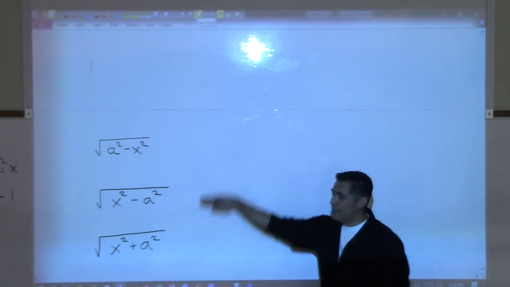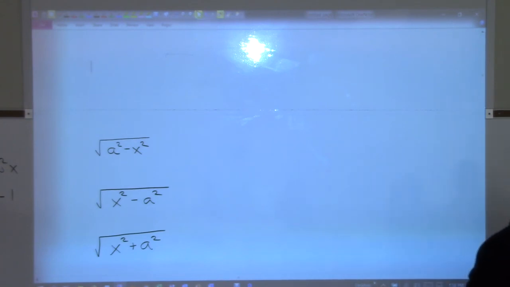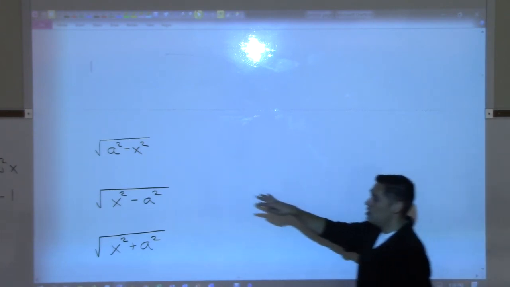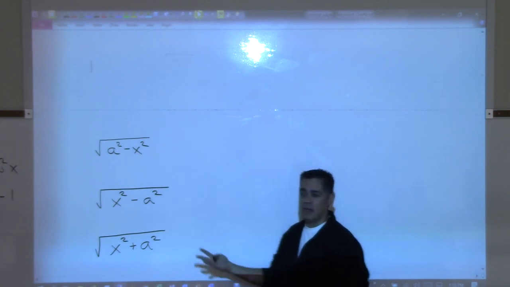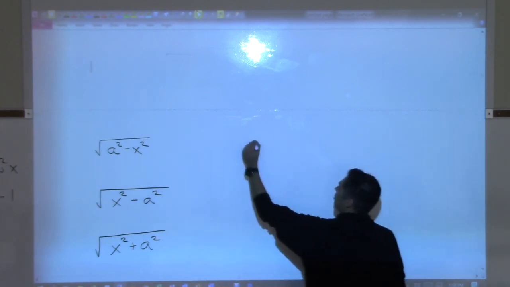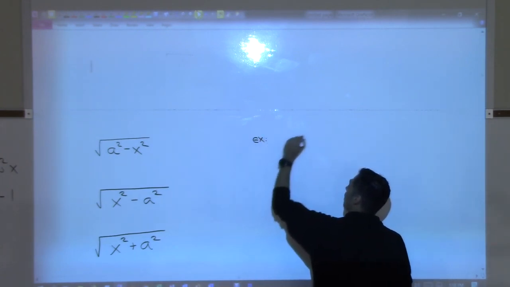So if we see anything that looks like that inside of an integral and we're having trouble with the integral, we're going to try this thing called trigonometric substitution. Let me give you some examples of how things like this would appear in an integral, so you're familiar with what they look like visually.